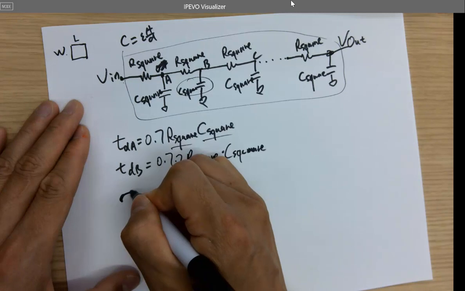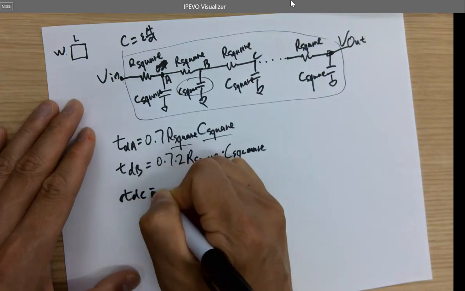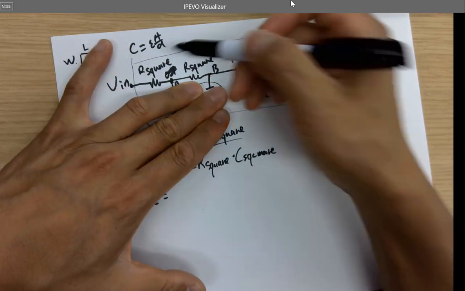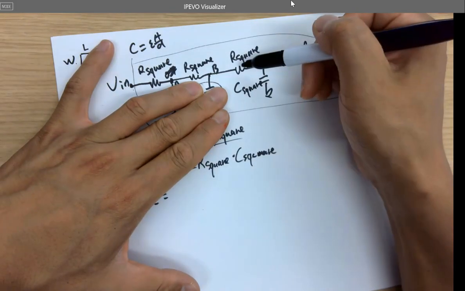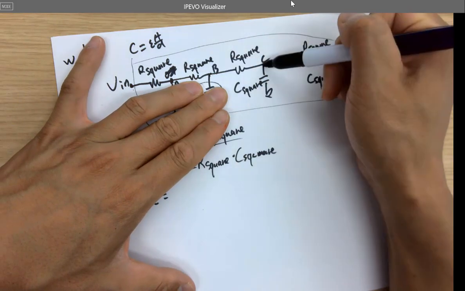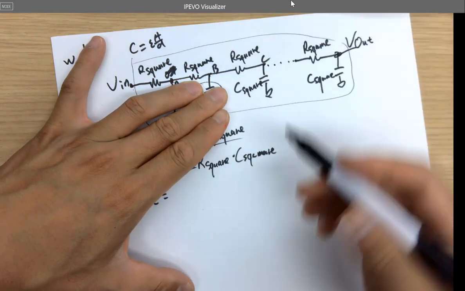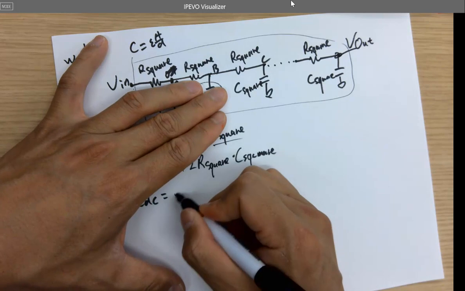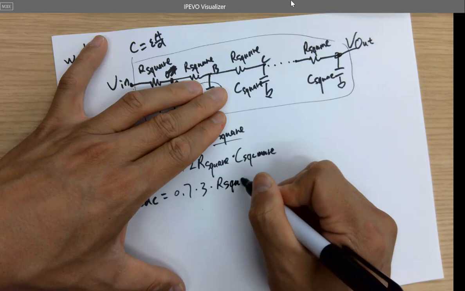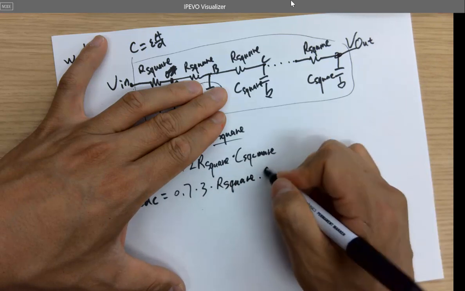So TDC equals, it's an RC circuit in series, so you got 3 resistors added together but 1 cap. So TDC, the time delay C, is 0.7 times 3 times R square times C square.